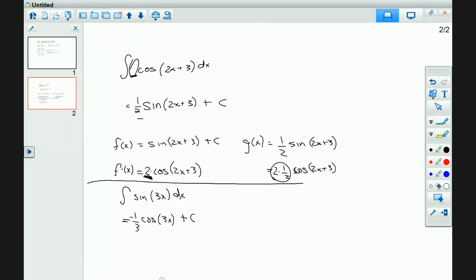It's the chain rule, 3. The 3 times 1/3 is 1. That's why we have to do that. But you can just add in a number when you need it, like 1/3 here.